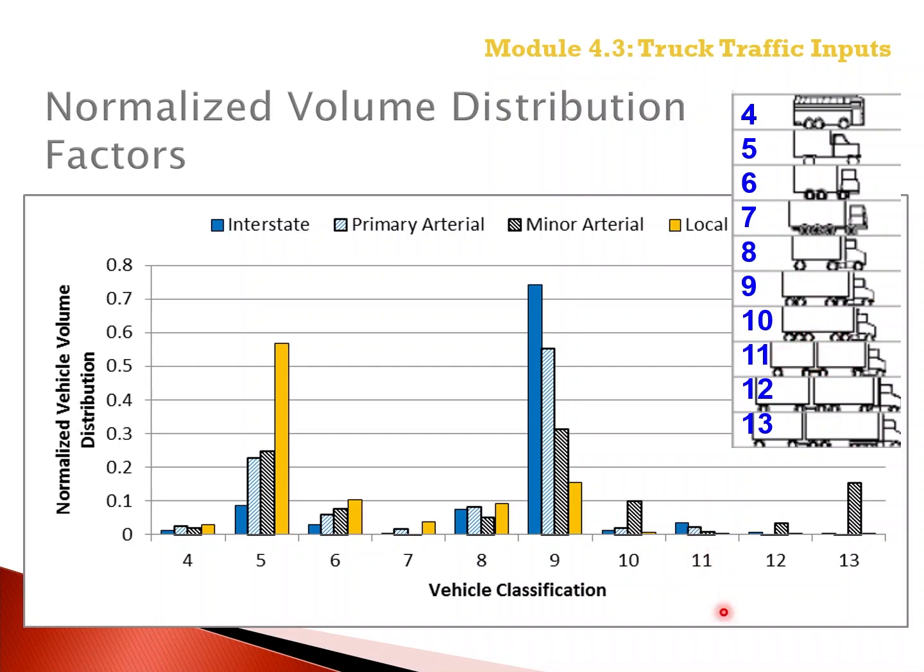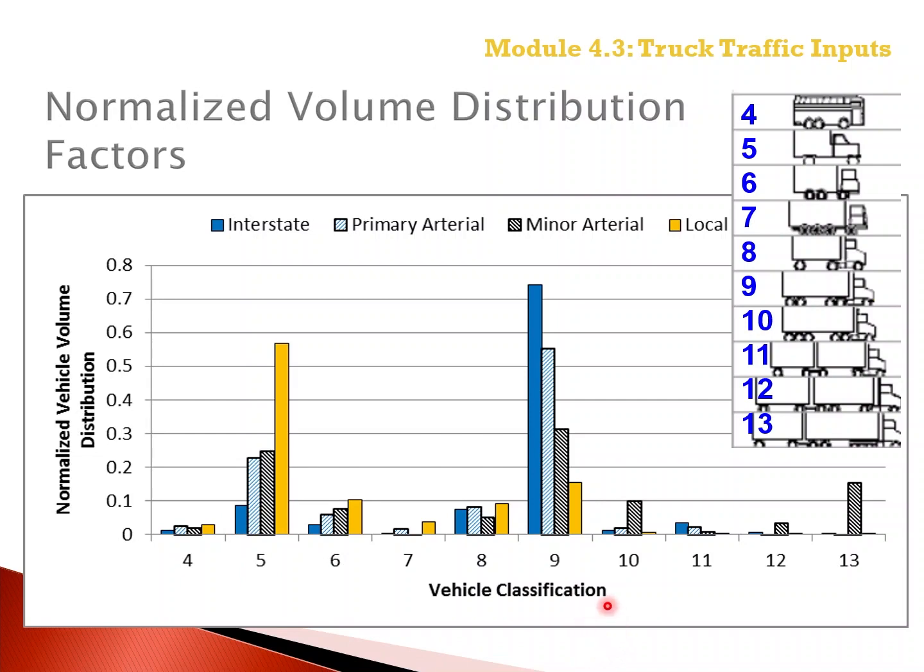And then class 11 is the multi-trailer, as well as class 12 and 13, the multi-trailer tractor units. And this just shows the distribution comparison from an interstate down to local routes. As you can see, for the interstate, class 9 has a much higher percentage as compared to the local percentages, and then the class 5 for the local routes is much higher as opposed to the interstate truck traffic.